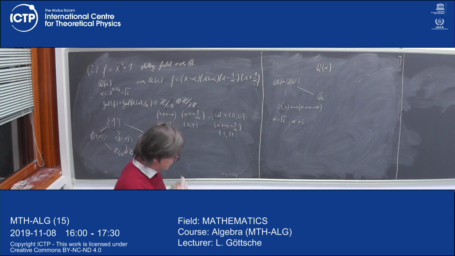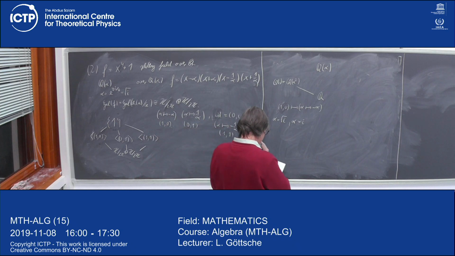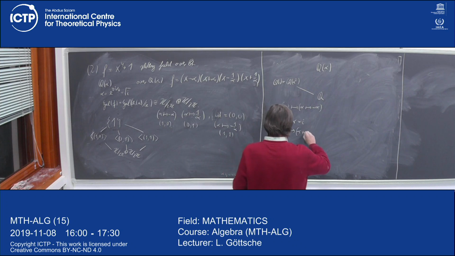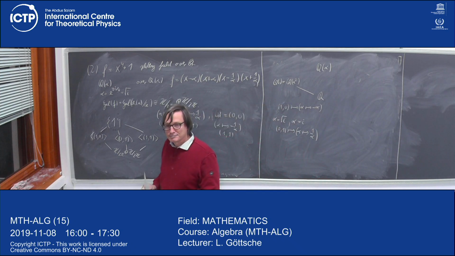Now the other ones are a little bit more tricky. So now we take the element 0, 1, which means alpha goes to 1 over alpha. What is fixed by that?